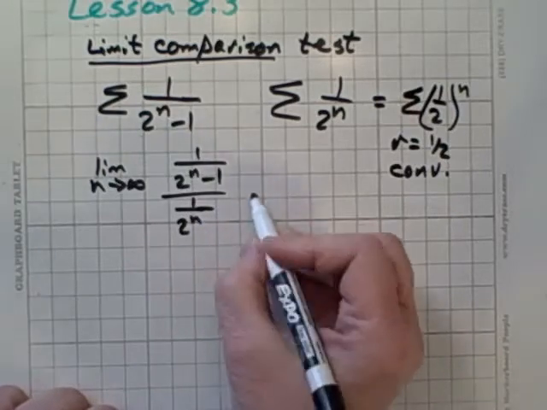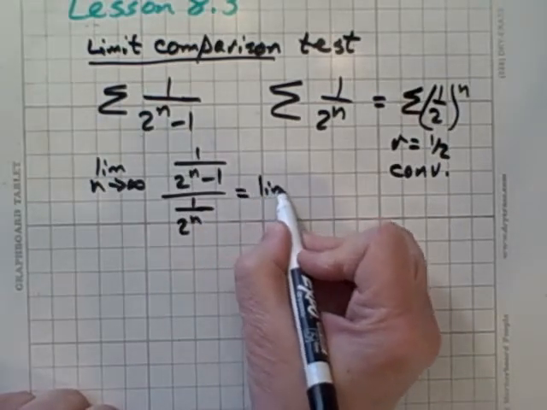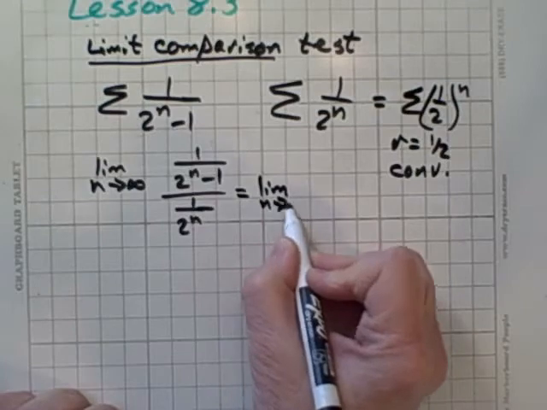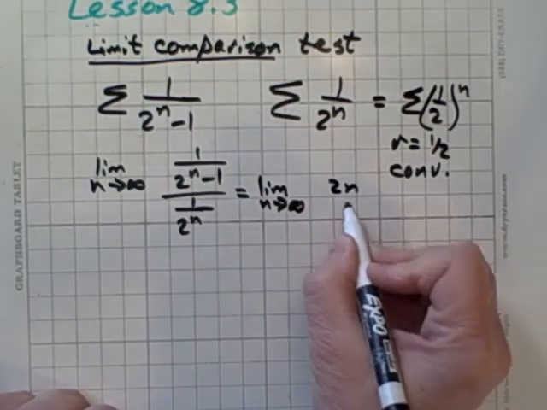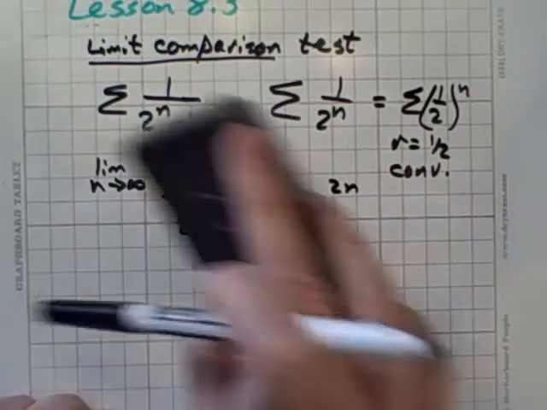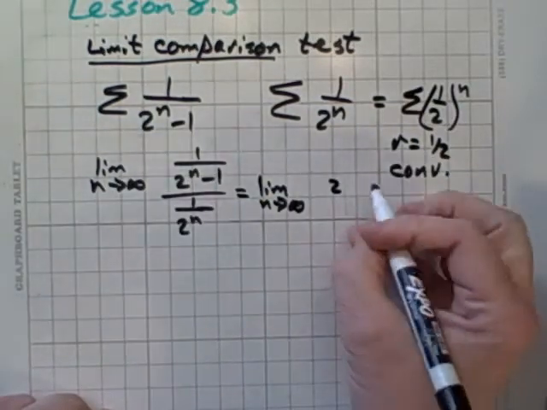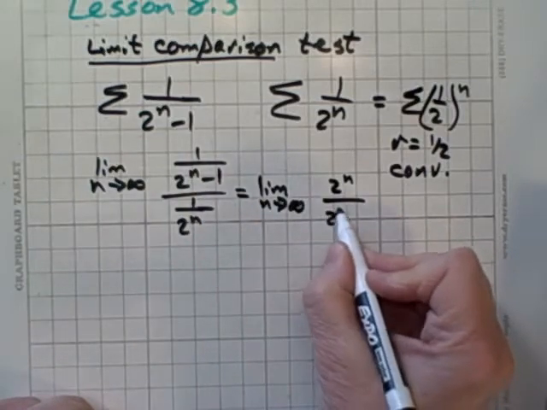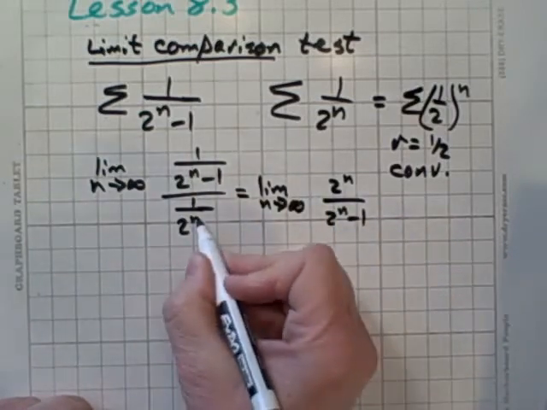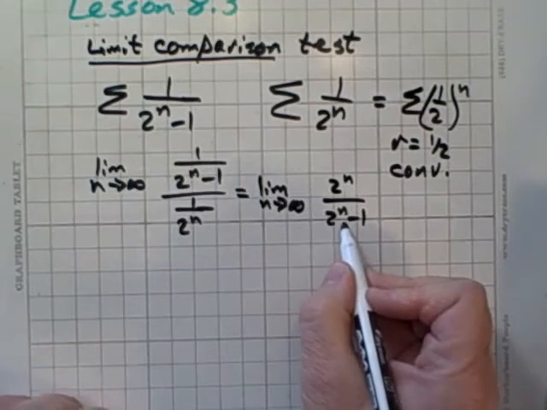Complex fraction, we invert and multiply. The 2 to the n goes to the top. That's the nth power, 2 to the n. And this is in the denominator, 2 to the n minus 1. Again, we're simply inverting and multiplying.